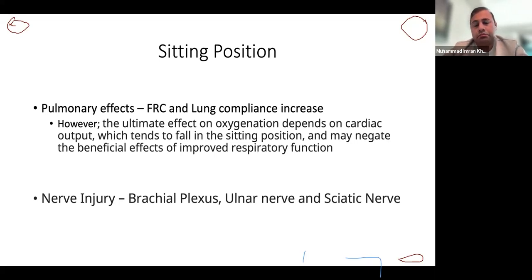Just on a side note, positioning is the responsibility of both the surgeon as well as the anesthesiologist. So you have to be very active when the patient is being positioned. For the most part, the anesthesiologist is leading the positioning, how the patient is getting positioned, but the groundwork or the scut work is being done by the surgical team and the nursing team.